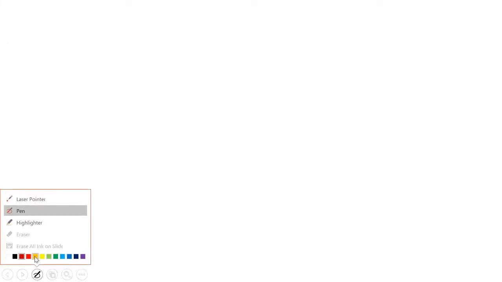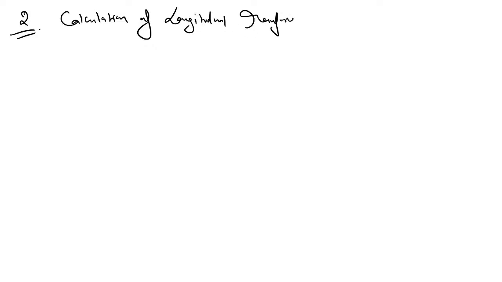So now I am jumping to my second step, which is calculation of longitudinal reinforcement.